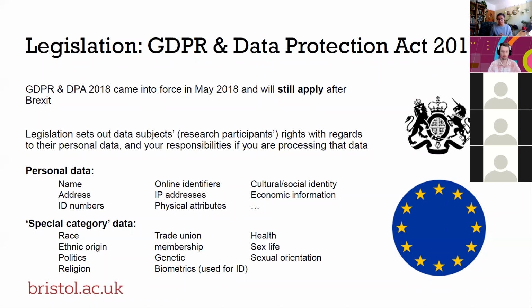These are fairly obvious categories: information about people's health, sex life, sexual orientation, trades union membership, race, politics, and so on. That means that if you are dealing with this sort of data, you need to take extra care with it. I'll talk a bit more later on about the conditions that you have to meet to be able to deal with special category data.